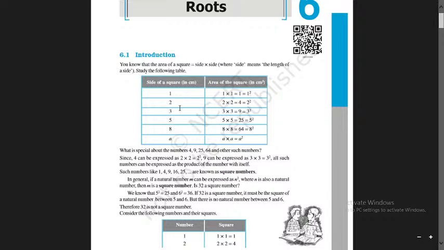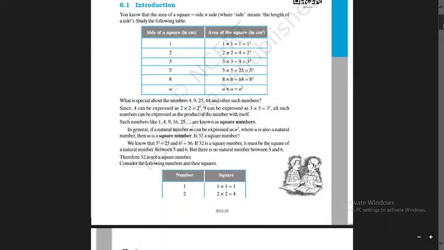For 2 it is written as 2 times 2, that is 4, and 3 times 3, that is 9, and 5 times 5, that is 25, and so on. If I ask what is the square of A, the square of A would be A times A, that will give you A square. Okay, so now let's move on to this.